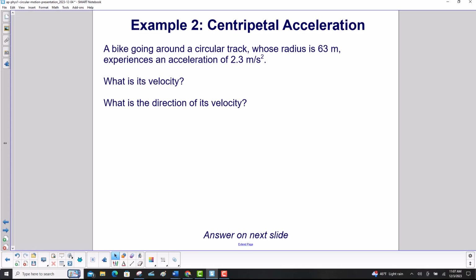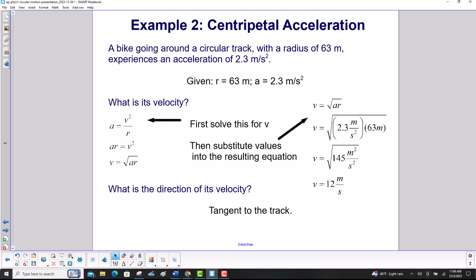A bike going around a circular track whose radius is 63 meters experiences an acceleration of 2.3 meters per second squared. What is its velocity? What is the direction of its velocity? Here's our givens. And first, we will solve the centripetal acceleration equation for velocity. And we get ar equals v squared.